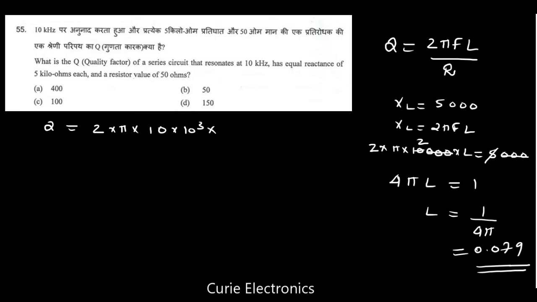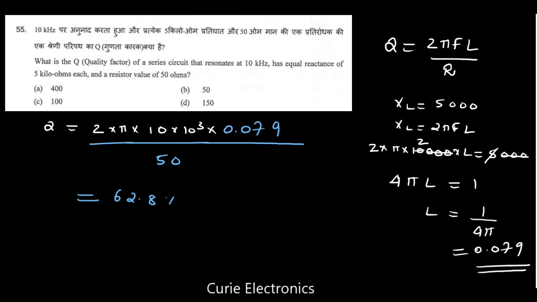Now you simply put the inductance value in the quality factor equation. 0.079 upon, what is the value of R? That is 50 ohms. This we can simplify: 2 multiplied by pi multiplied by 10, that is 62.8. The 1000 I can multiply with the 0.079, then I'll get 79 upon 50.